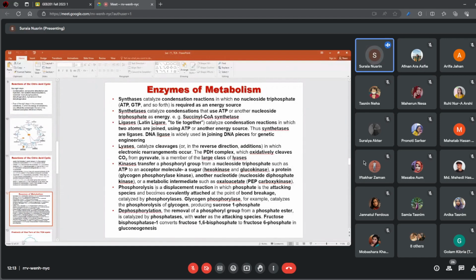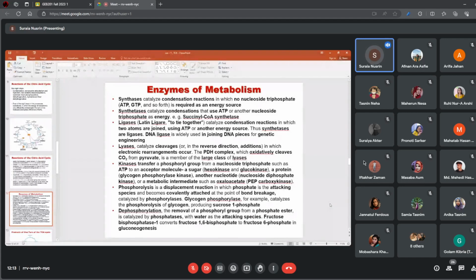An example we can see is fructose bisphosphatase 1, and its substrate is fructose 1,6-bisphosphate, because the enzyme is targeting the phosphate group attached to the number 1 carbon. That will be released, and so we get the product fructose 6-phosphate. And this reaction occurs in gluconeogenesis.